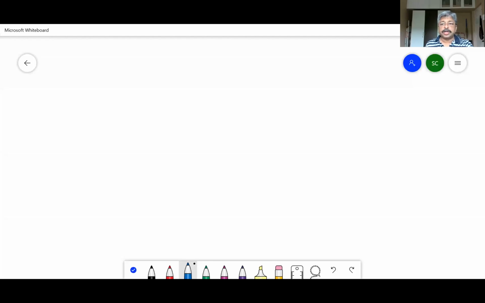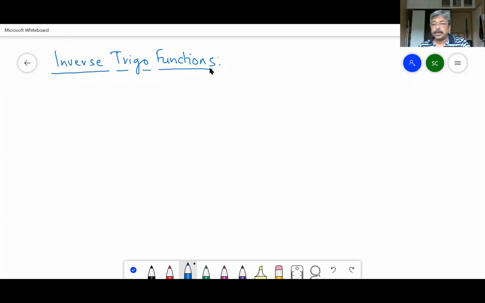Okay, we are going to start discussing inverse trigonometric functions. This is one of the very important topics in mains, and whether you are good in this topic depends on whether you have understood it.